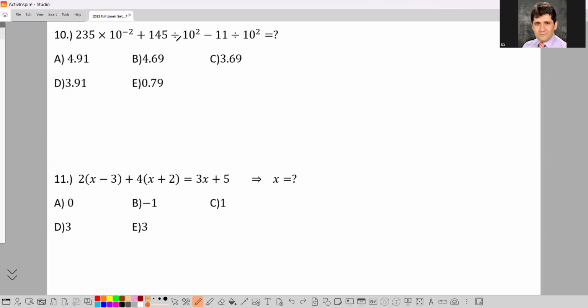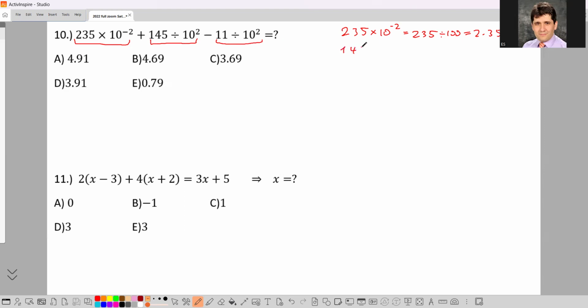Again, a numerical problem. So we have 235 times 10 to the power negative 2, which is, in other words, 235 divided by 100, which is 2.35. Right? The second part, this division here, the third one, this division here.